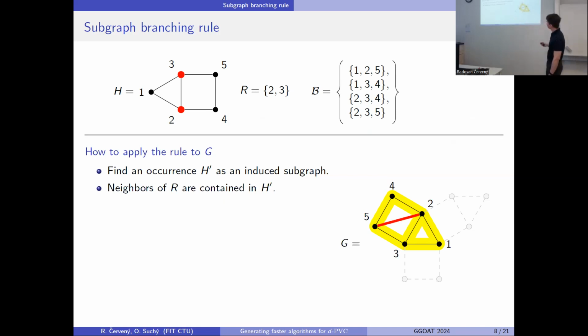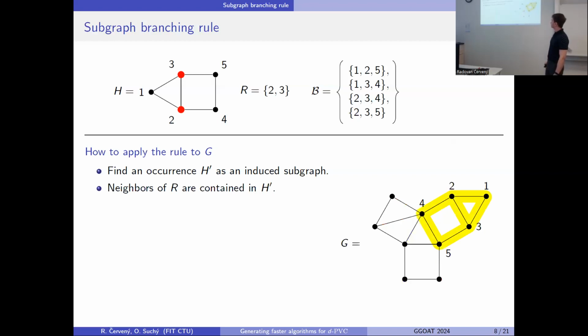So, for example, the first condition is that the occurrence is an induced graph. As you can see, there is no edge here, so this edge is bad for us. So this is not an occurrence of this subgraph. This looks better, but we require that these vertices do not have neighbors outside this yellow graph. Then we find this occurrence, and this occurrence is okay, so we can apply our branching.